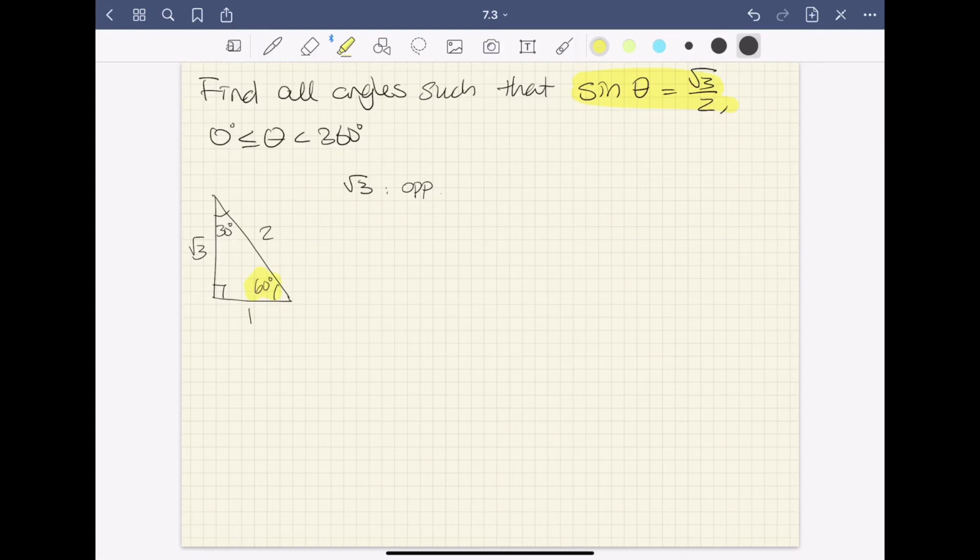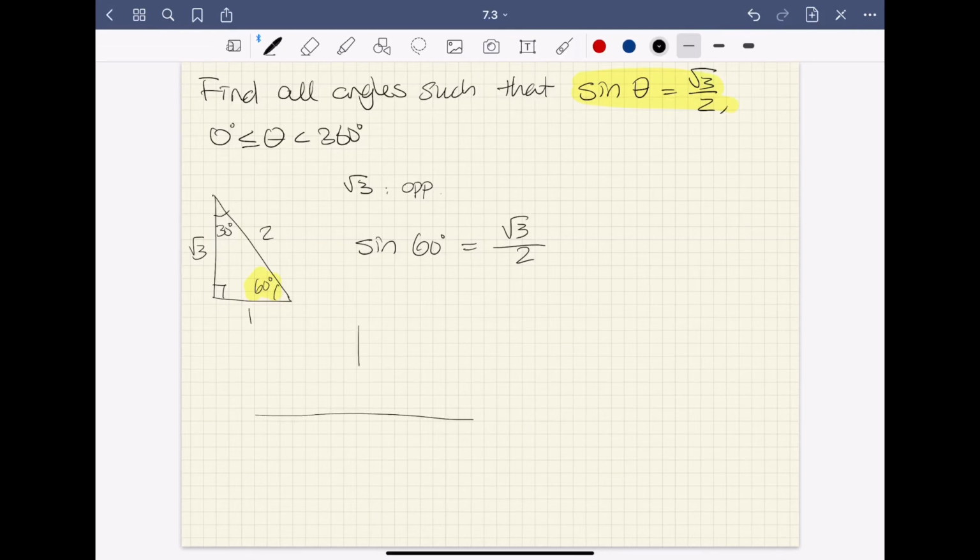So we know that sine 60 degrees is equal to root 3 over 2. Okay. But the question is not only this. The question asks you to find all the angles that satisfy this condition. Okay, so let's see.